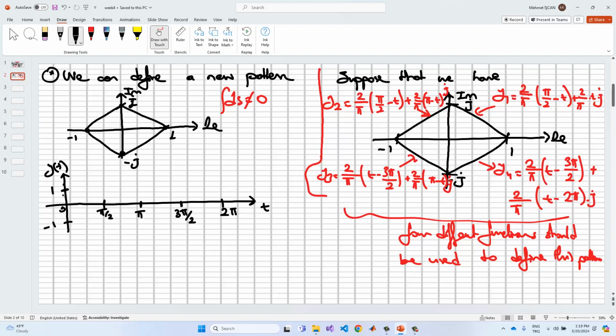And so this form gives us this signal. And so this is a triangle signal, right? This is the definition of this term.